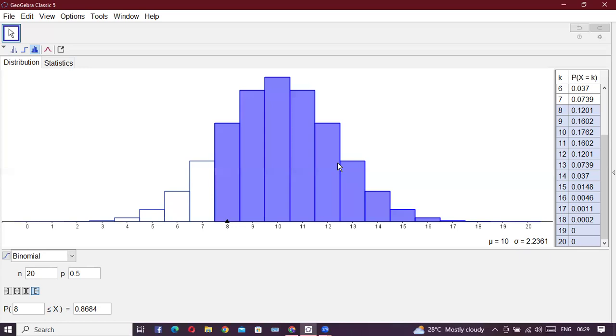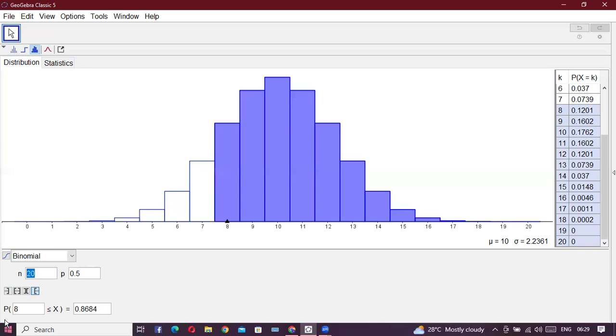The n here is the number of trials and it is always fixed, so it will be given in the question, and that's what you'll input here. The probability here is the probability of success. Because there are only two outcomes, if they give you the probability of failure instead, you subtract it from one, the total probability, to get the probability of success.